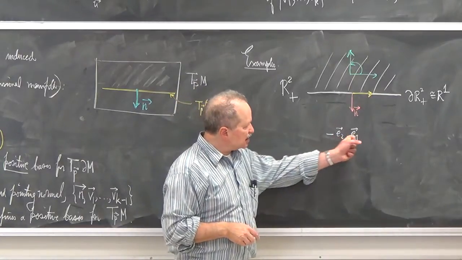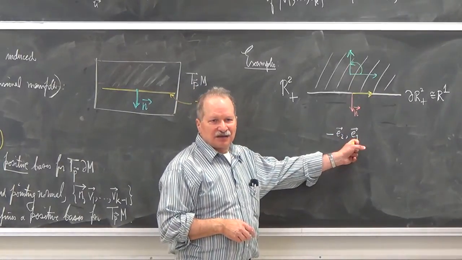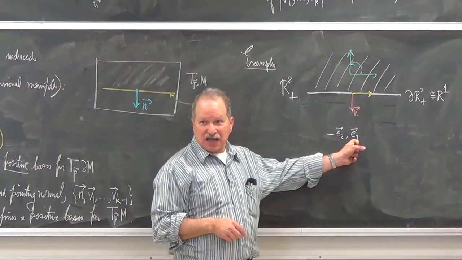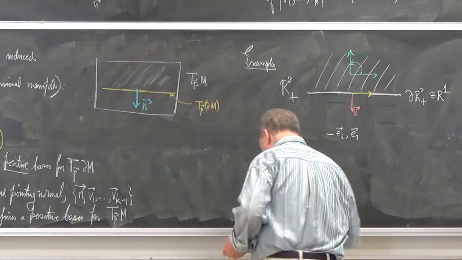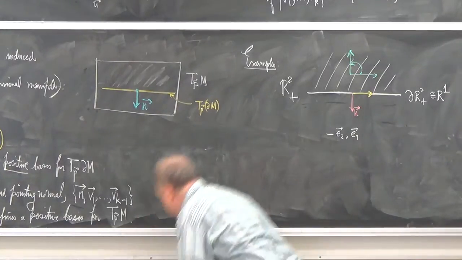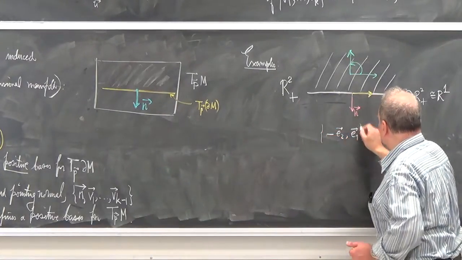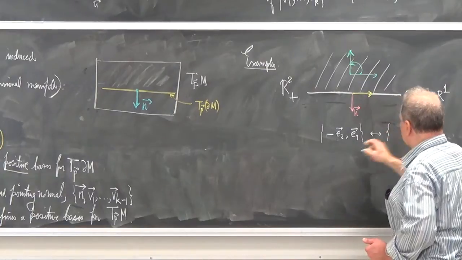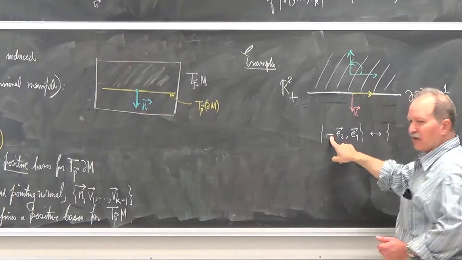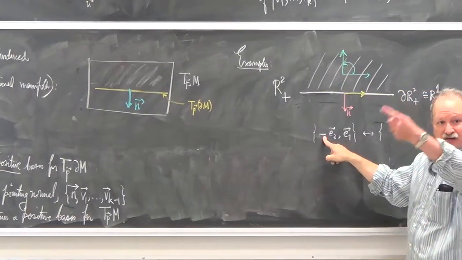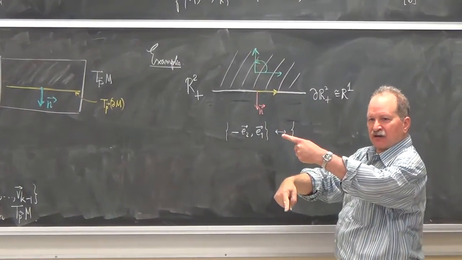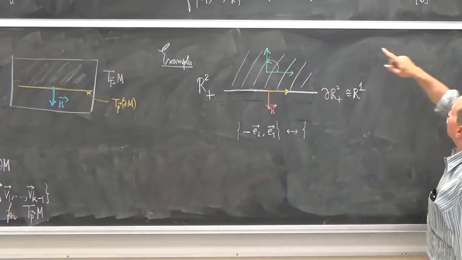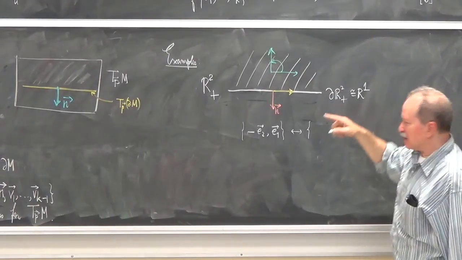Well, minus E2, E1 gives you the same sign as... if I have a minus, it changes orientation, because if I take one vector and make it negative, that puts a matrix that has a -1.